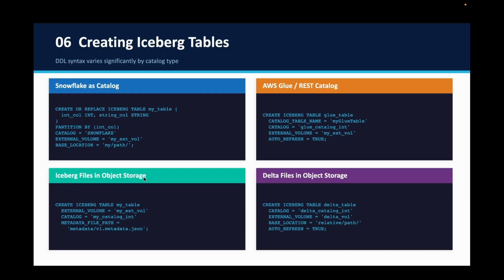Iceberg files in object store. Without the catalog, we can directly refer to an object store by providing the latest metadata file path. The way we do that is create Iceberg table, the table name, refer to the external volume pointing to the cloud location, catalog equals my catalog int, where catalog source equals object store.